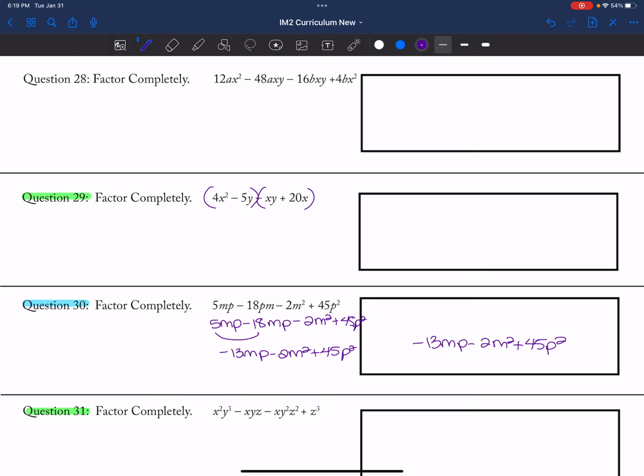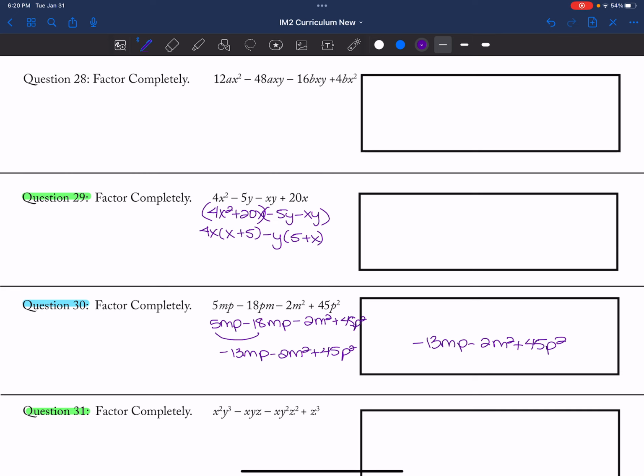And I can't really factor anything out, so I'm going to have to probably rearrange this. Let's see. How can I possibly rearrange this? Well, I could go 4x squared plus 20x minus 5y minus xy and see if that works. That would be a 4x, and I'm left with an x plus 5, and then minus y, just kidding, and I'm left with a 5 plus x.